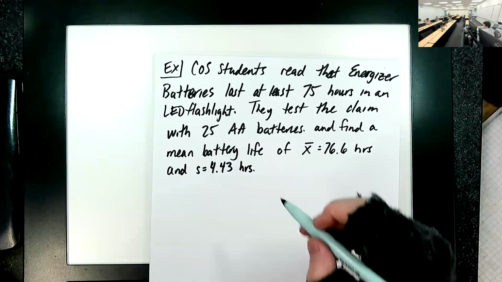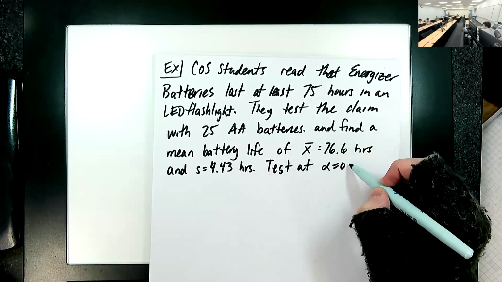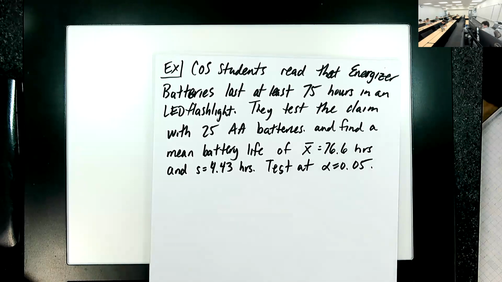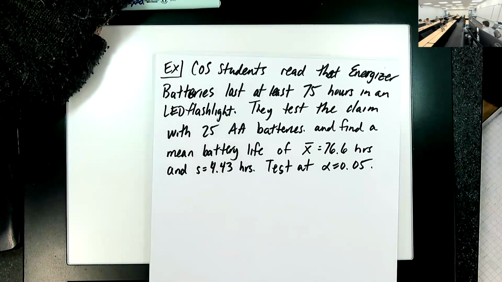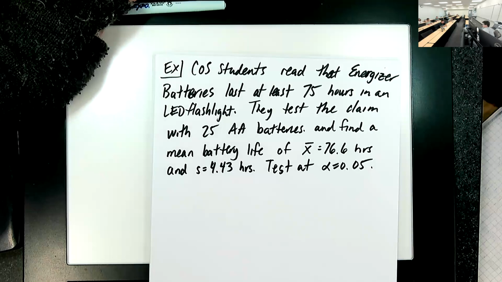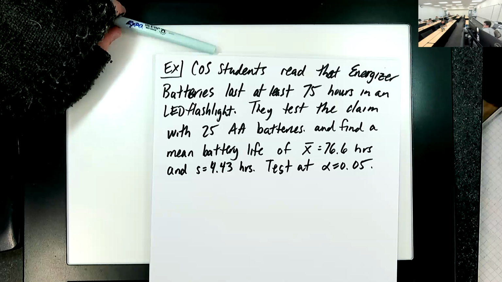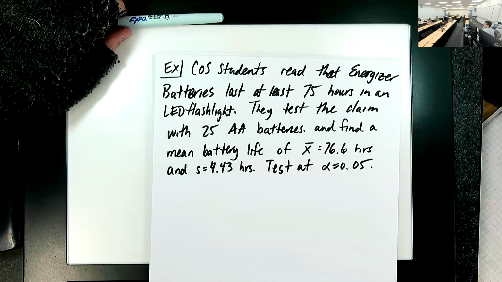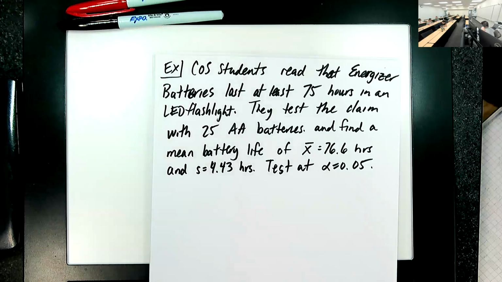We will test the claim at alpha equals 0.05. Is it 9 or 4.43? 4.43. Oh, no.